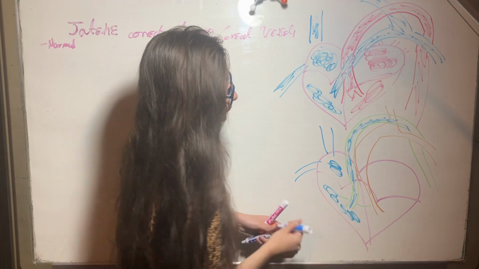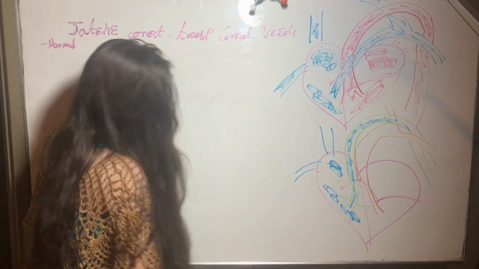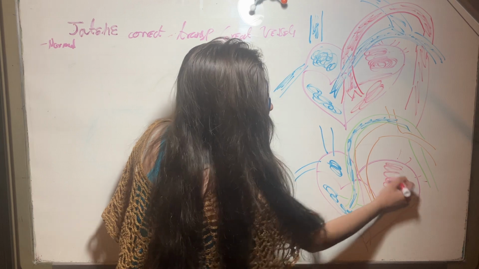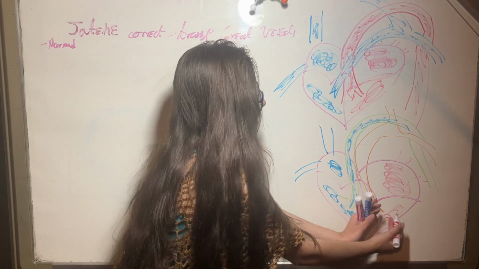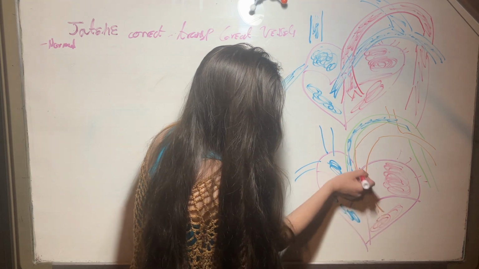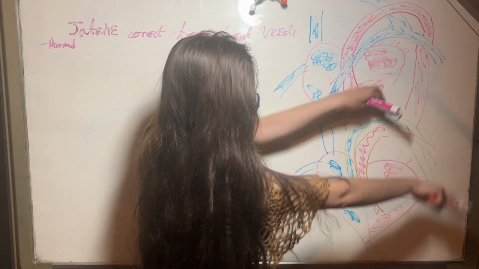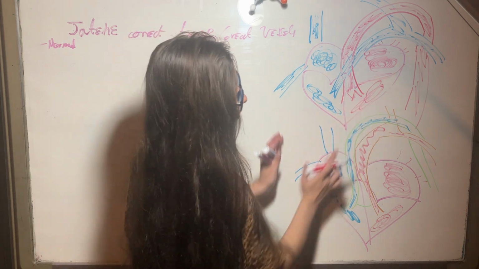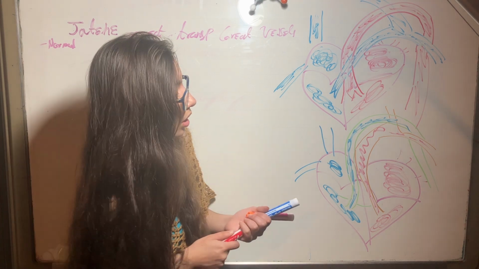The other circuit is blood returning from the lung, that is oxygenated blood. This blood passes through the left atrium, then the left ventricle, and then through the pulmonary artery, and then this blood goes again to the lungs. So all this is one circuit, which is oxygenated blood, and all this is the other circuit, which is deoxygenated blood, and this blood goes to the systemic circulation.